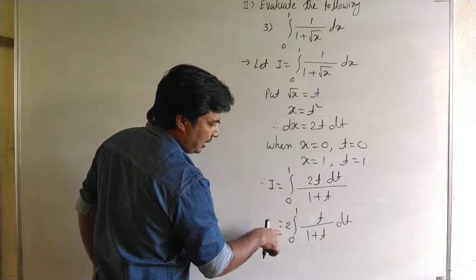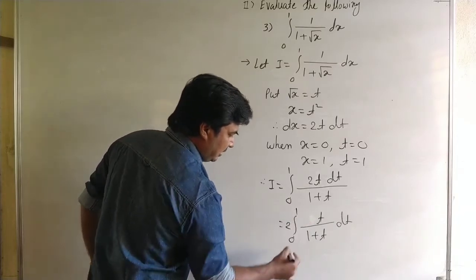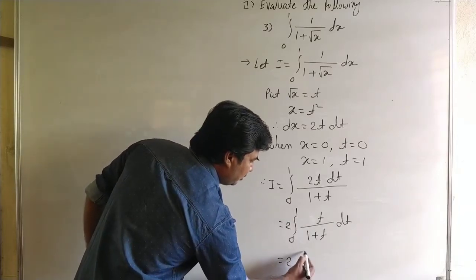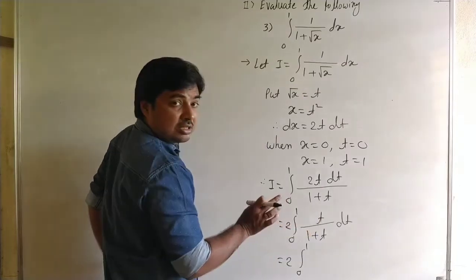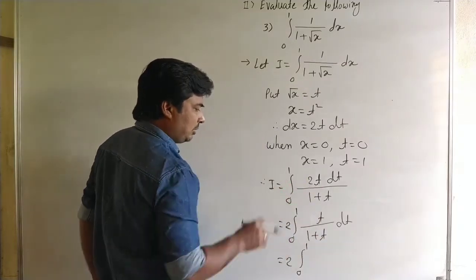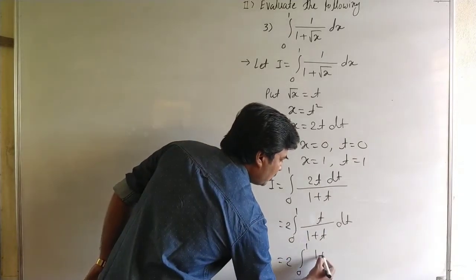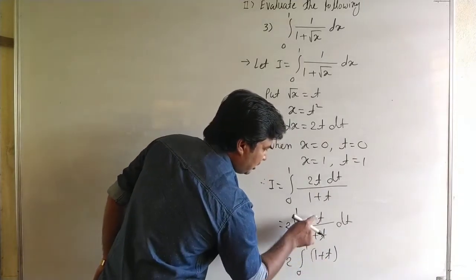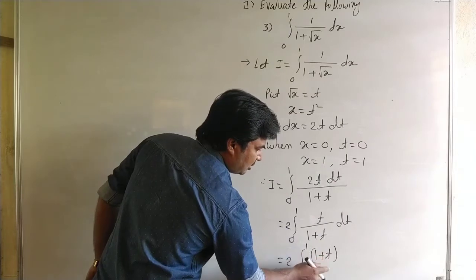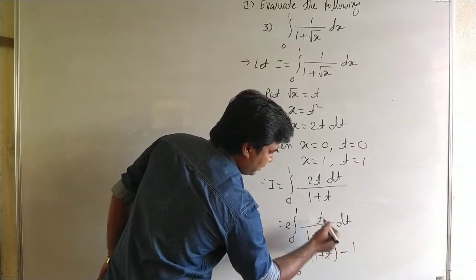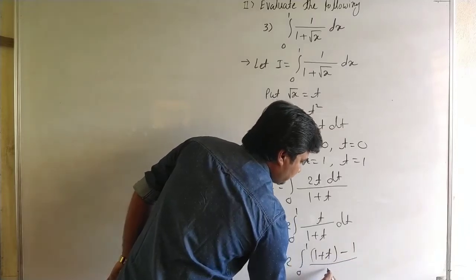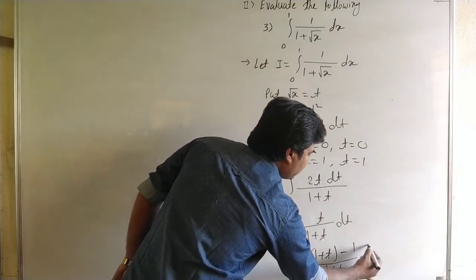So we can write 2 into integral 0 to 1. Here degree of numerator and denominator is same, so we adjust denominator as it is in the numerator. Therefore 1 plus t. Okay, here originally only t, so we can write minus 1. That means 1 plus t minus 1 is t. It is an adjustment. 1 plus t dt.